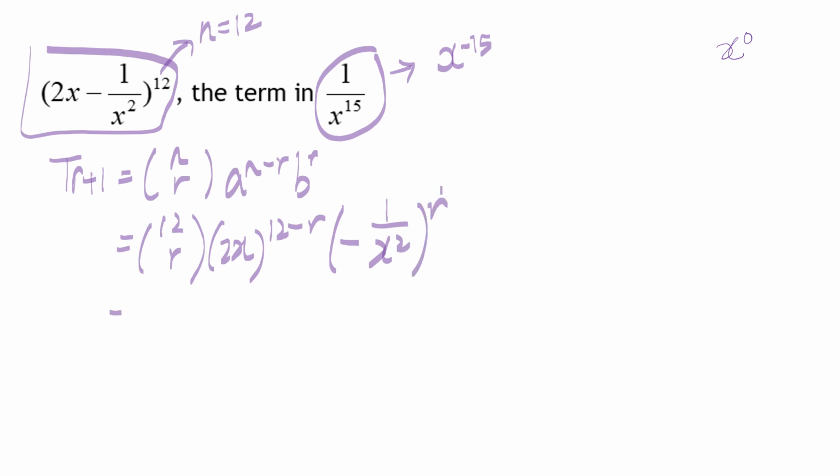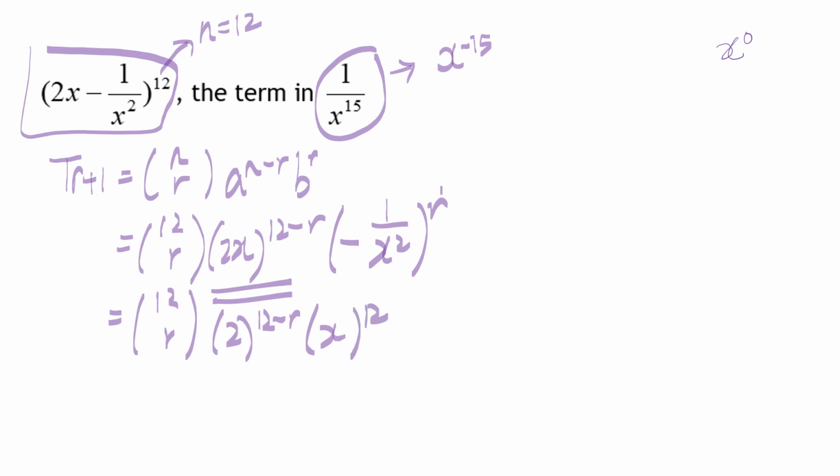We're going to decompose this. That will give us bracket 2 to the power of 12 minus r, bracket x to the power of 12 minus r. For this part here, we do the same as earlier. You can split it up into negative 1 times 1 over x squared, and 1 over x squared is x to the power of negative 2.